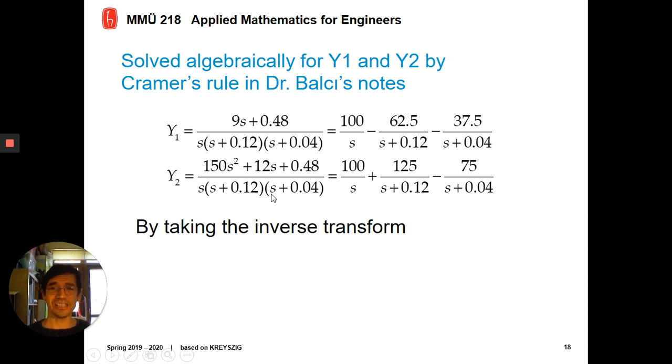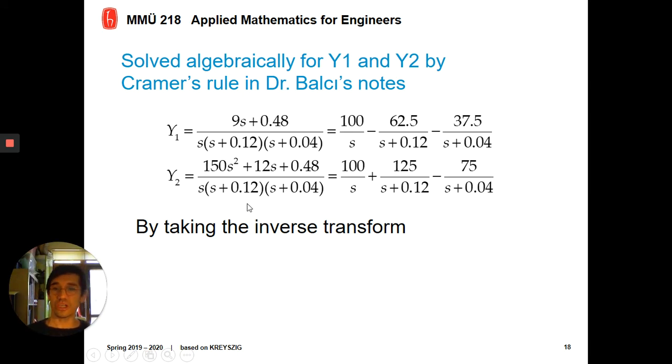Then there's a tedious job. It's not like one line here. To reach from the raw form of these expressions to the fine-tuned versions, you need many steps of partial fraction decomposition.